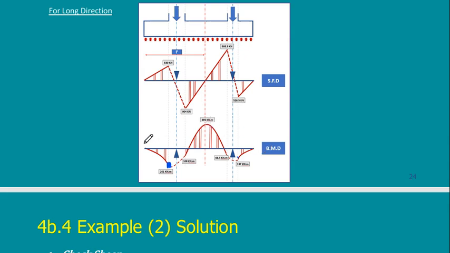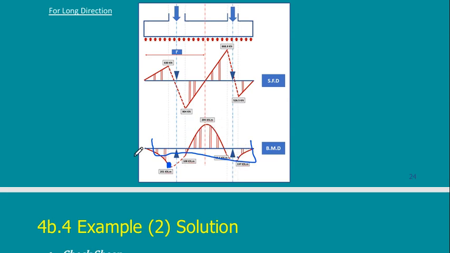If this is my footing, and this is a moment, and this is a moment, if I'm going to put my reinforcement, then I will put reinforcement like this. This is one reinforcement like this at the bottom, and this will carry the bending moment here and the bending moment there.